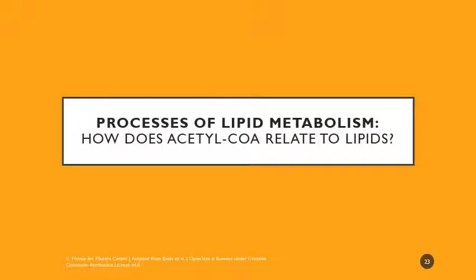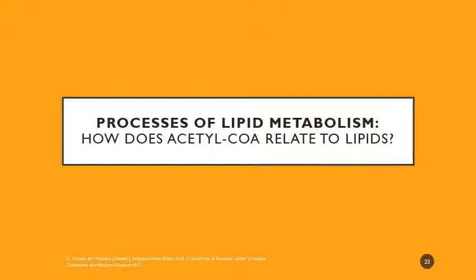Okay, so getting into processes of lipid metabolism, so thinking about acetyl-CoA, going back to that transition reaction, remember that acetyl-CoA is produced when you have glucose originally from carbohydrate metabolism, that glucose is broken apart in glycolysis, you end up with pyruvate that is further oxidized to acetyl-CoA.